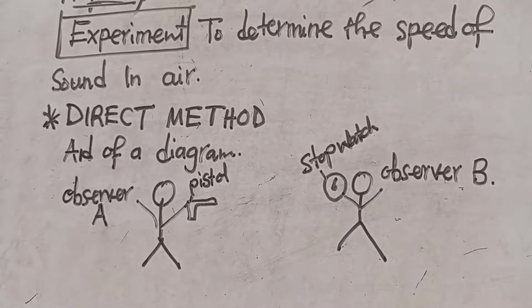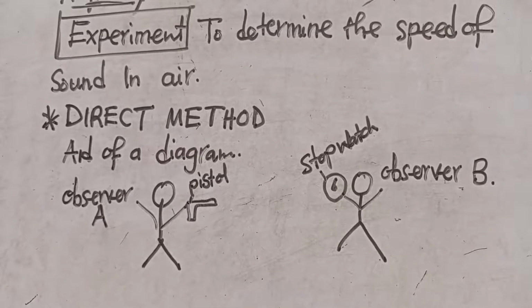To start explaining this, what you need to understand is that you need two people. Point number one: two observers, A and B, should stand at a known distance.